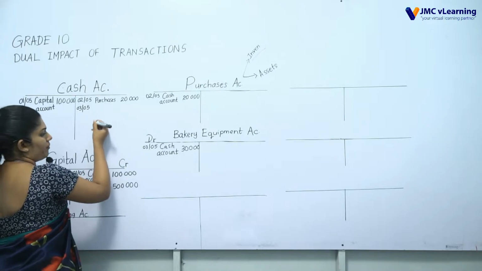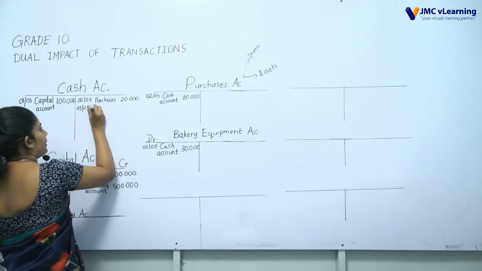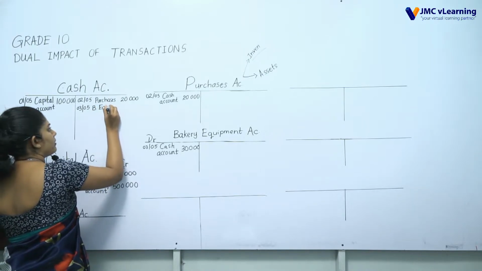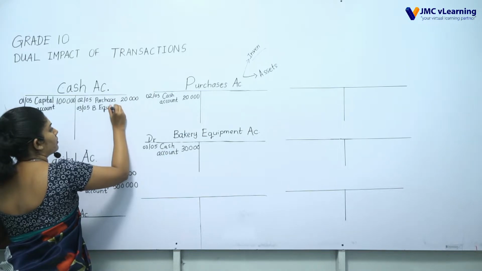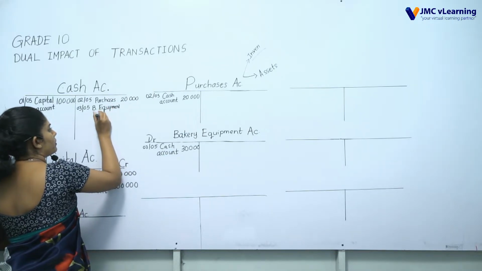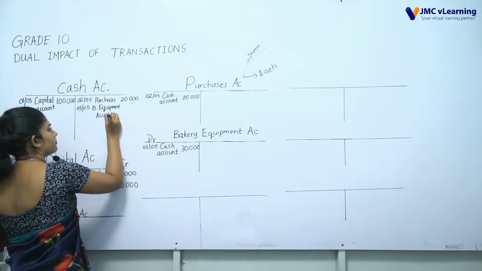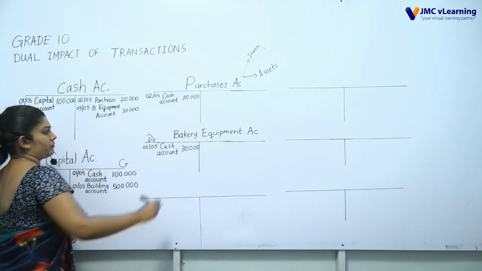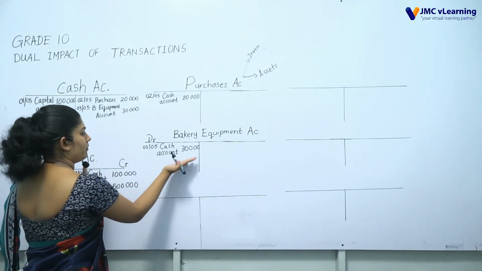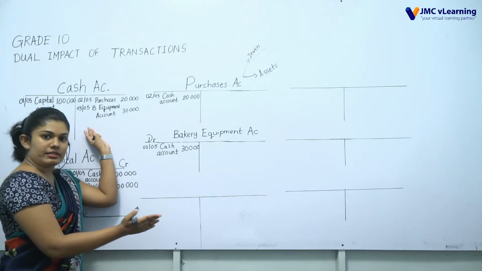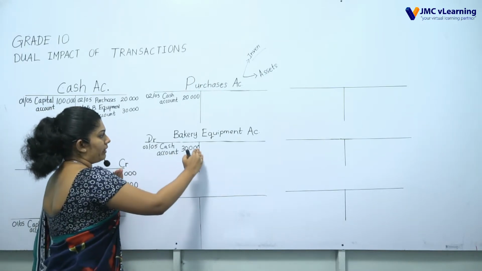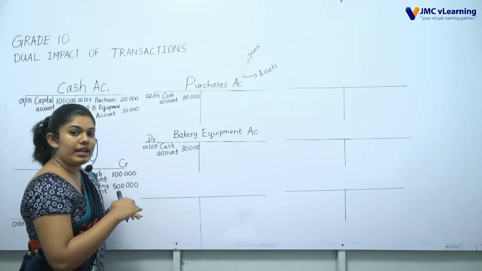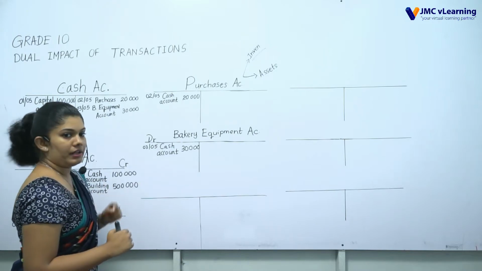Date 3rd of May, bakery equipment account, 30,000. Now, the double entry is completed. One debit entry, one credit entry. So, bakery equipment is an asset when increase debit side. Cash is also an asset when decrease credit side.